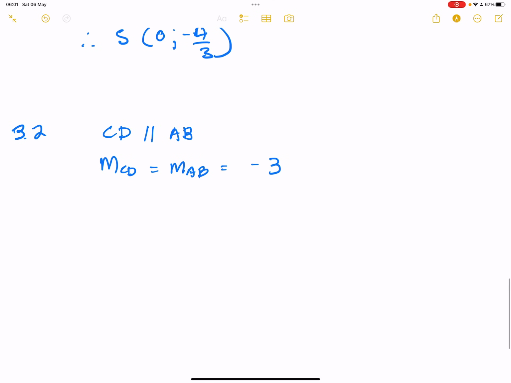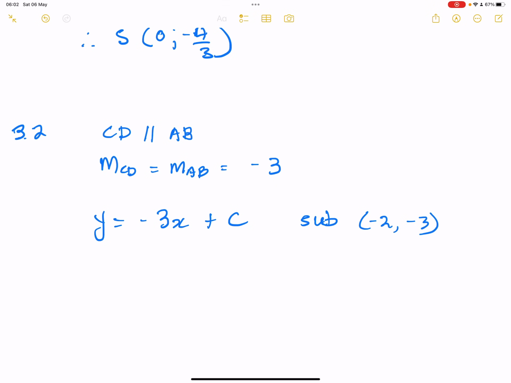So we already know the equation, minus 3x plus c, and in this case, we're going to substitute the point there at C, which is negative 2 and negative 3.